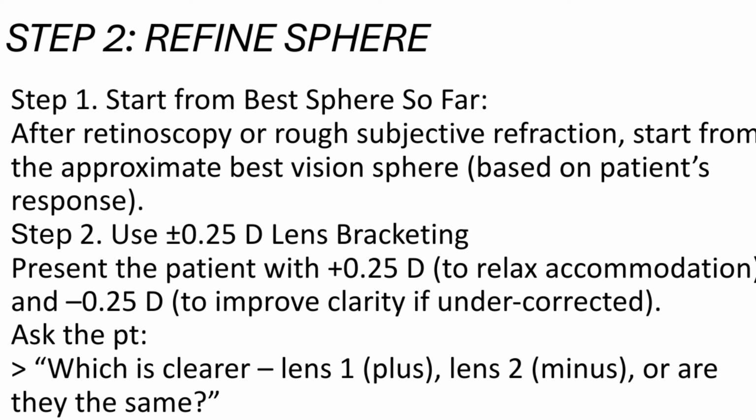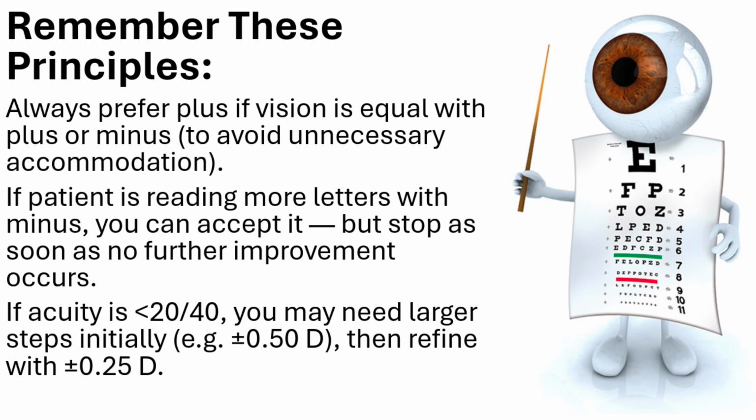You can see the principle: always prefer plus if vision is equal with plus or minus, to avoid unnecessary accommodation. If the patient is reading more letters with minus, you can accept it, but stop as soon as no further improvement occurs. If acuity is 6/12, you may need larger steps initially, for example plus or minus 0.5.